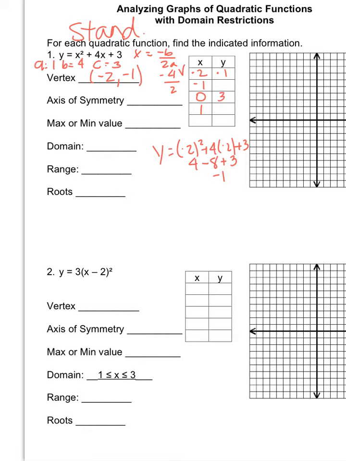Okay, so then I'm going to plug in a negative 1. So that's going to give me a positive 1 minus 4 plus 3, so that's going to equal 0. And then I'm going to plug in a positive 1. So that's going to be 1 plus 4 plus 3, so that's 5 plus 3, which is 8.